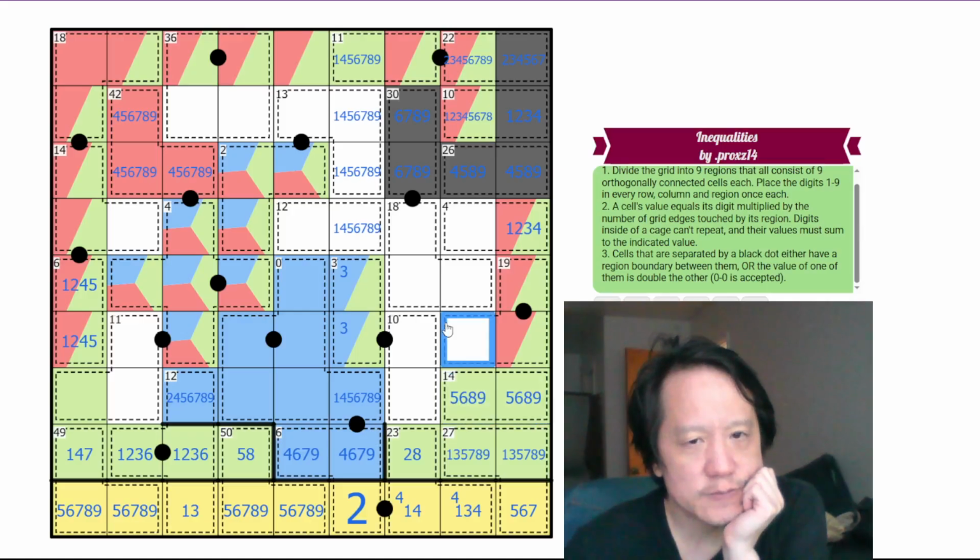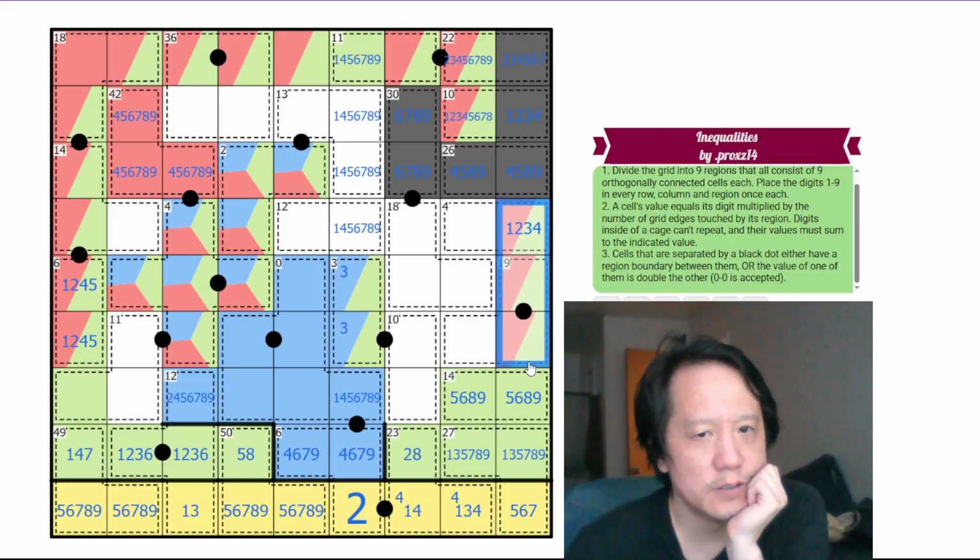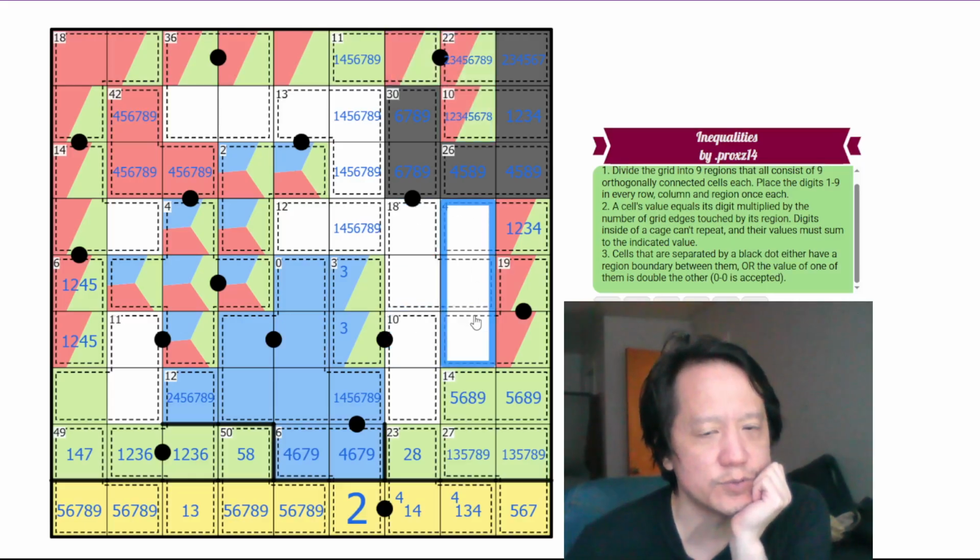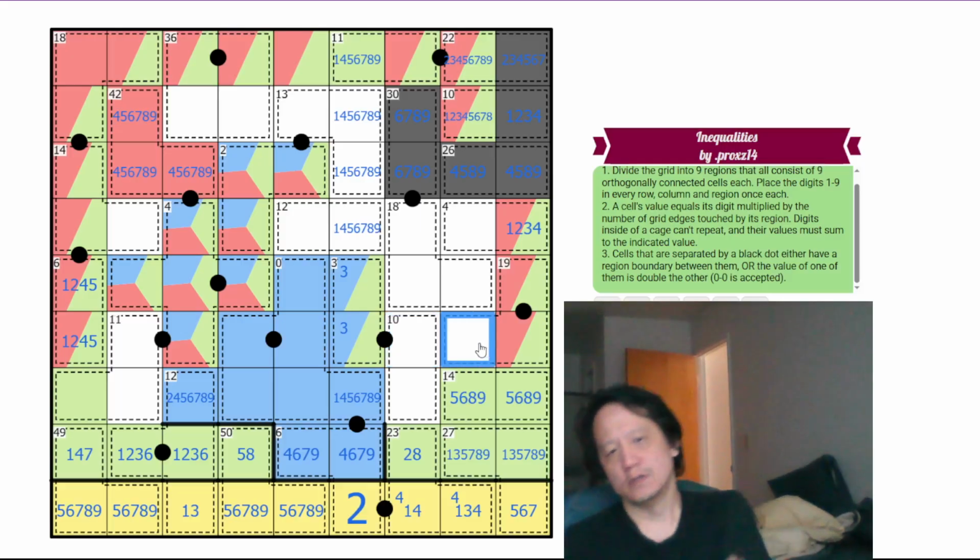That's interesting. So we could go 3 that way. We could go 3 that way. So we can go at most 3 this way, at most 3 this way. So any of these could be that dark region. Okay.